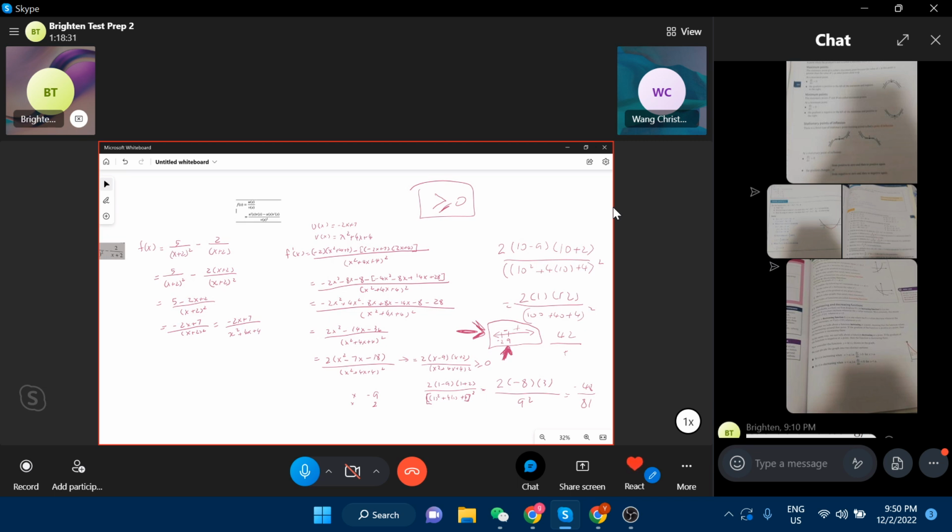If it's greater than 0 but less than 9, I'm getting negative here. But if it's greater than 9, I'm getting positive here. And the question is is it increasing or decreasing after 0? Because there's both negative and positive after 0, the answer will be neither.